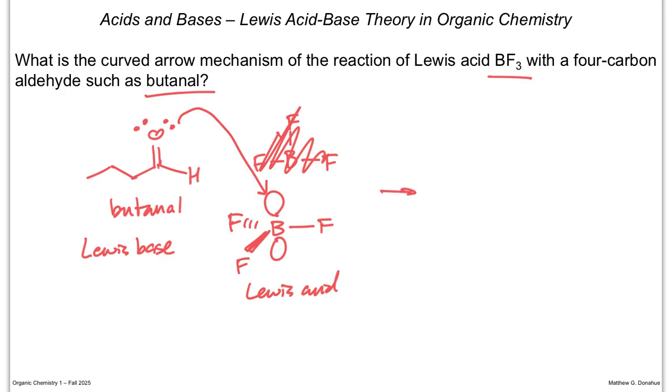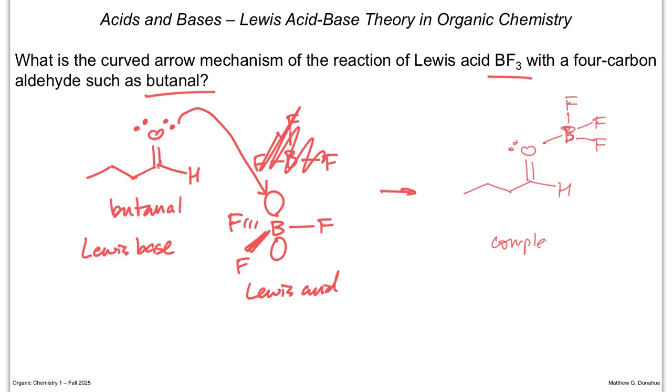When it does that, notice I haven't drawn a second arrow. We are making a bond from oxygen to boron, but we are not breaking a boron-fluorine bond. So that's what we've formed.